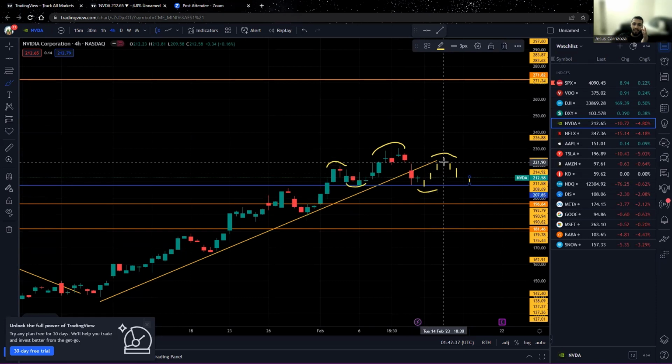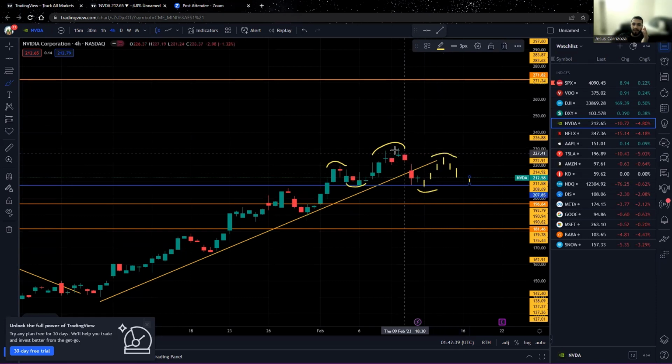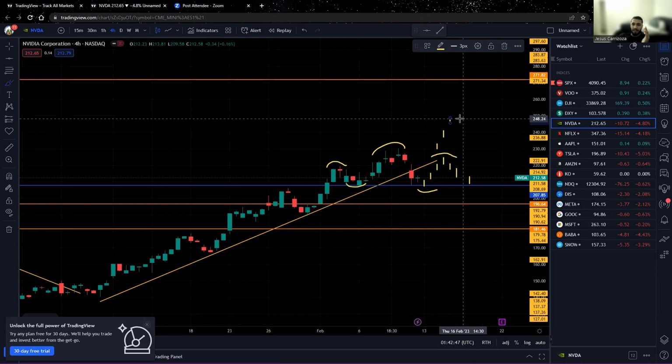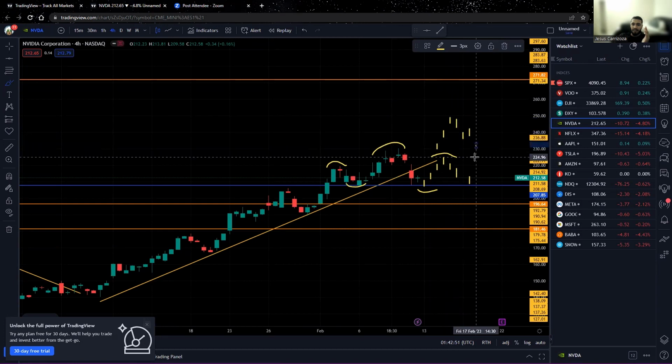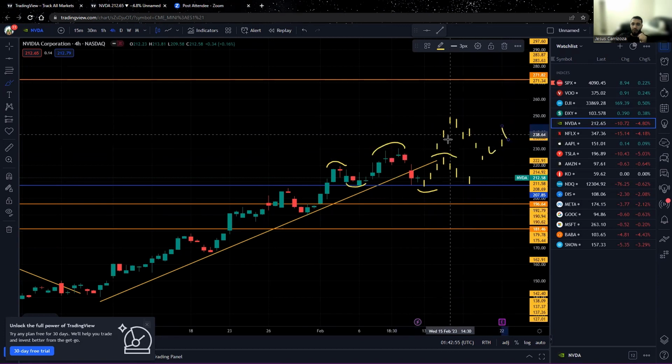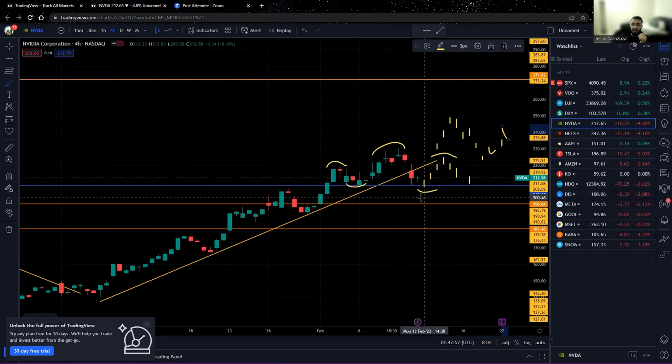And my third confirmation would be the failure to make a higher high. Because if not, if we get something like, let's say like, if we get something like that, what would this be considered right here?